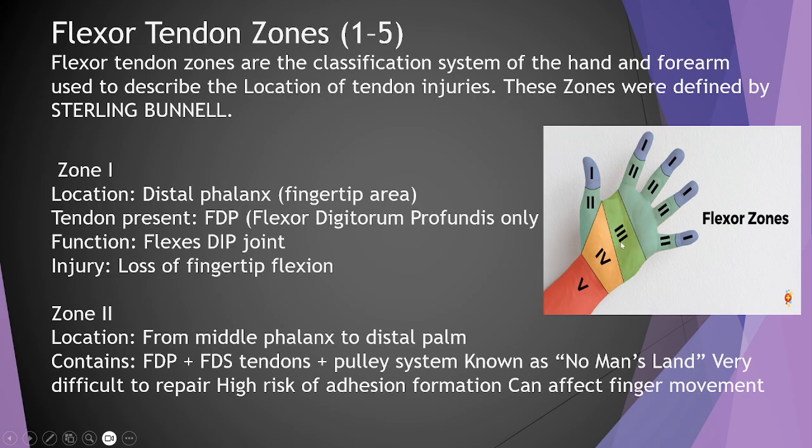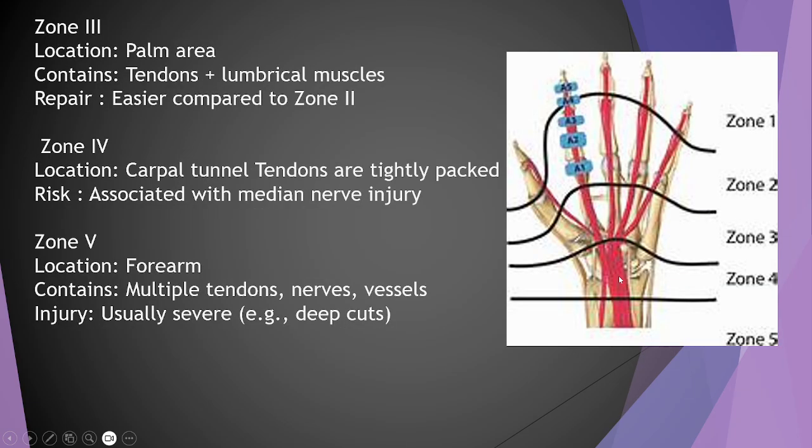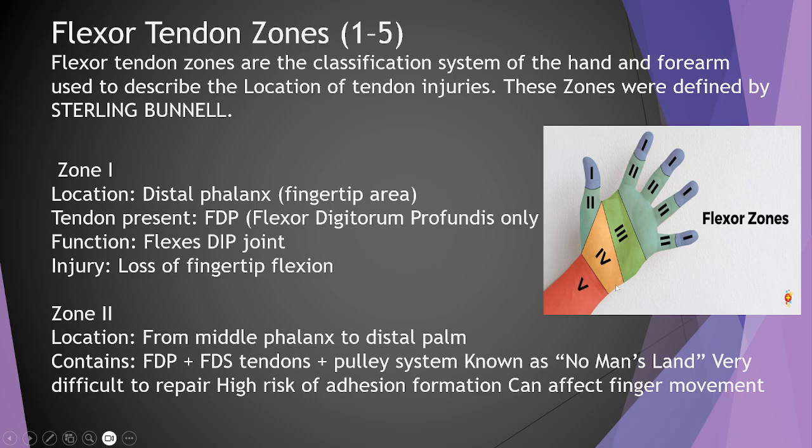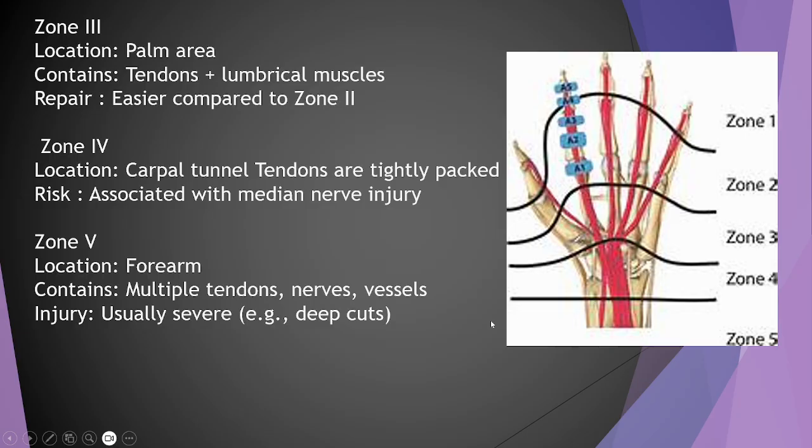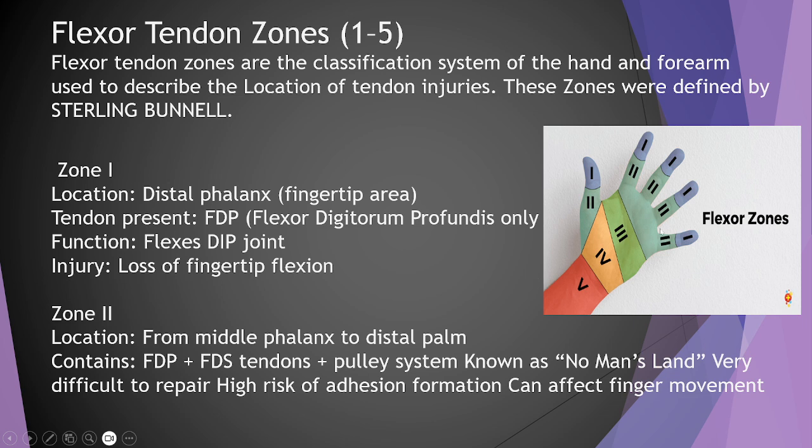The fourth is the carpal tunnel, the carpal area. And zone 5 is the wrist area, the forearm. Basically you have to know where the zones are present. Zone 2 contains the FDP and the FDS tendon.